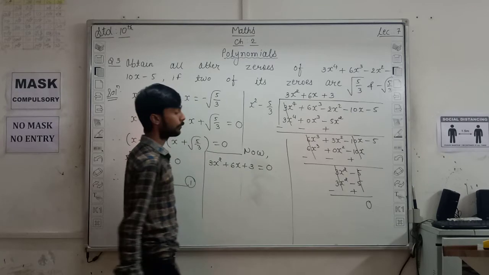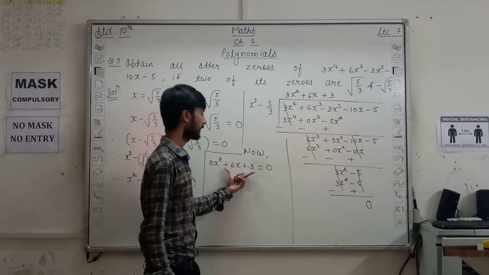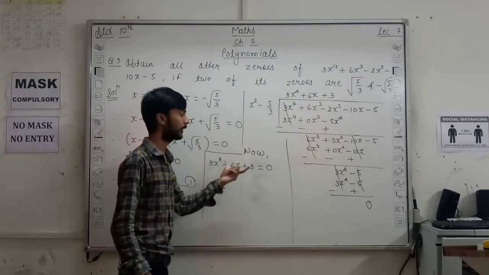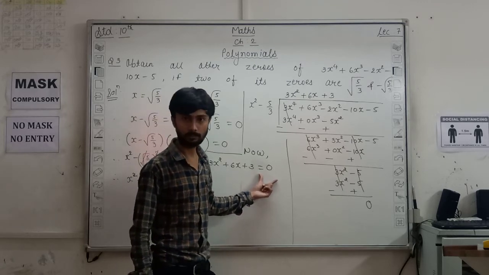Our quotient will be 0. Why? Let 3x square plus 6x plus 3, that means the second quadratic polynomial quotient, equal 0. Why? We need to find the other two zeros.